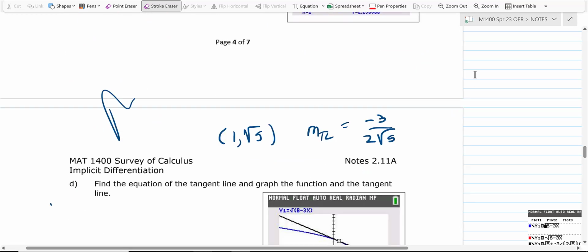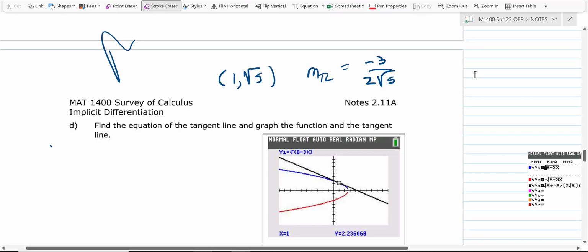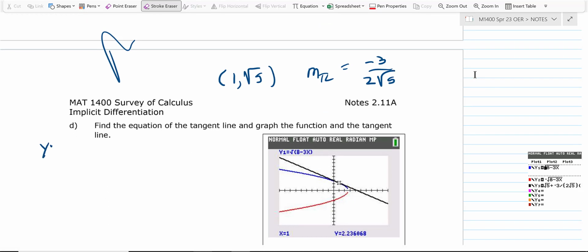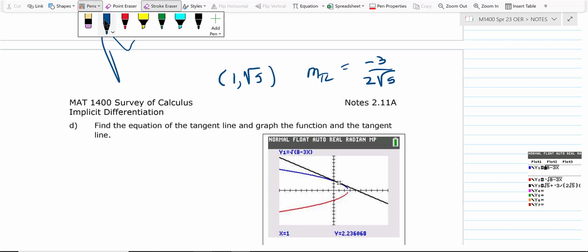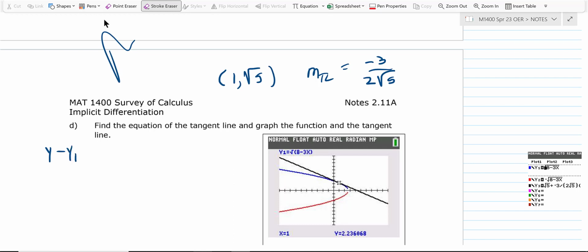So we've got all the information we need to find the equation of the tangent line now. Again, just write down the formula, which is y minus y1 is equal to m times x minus x1.